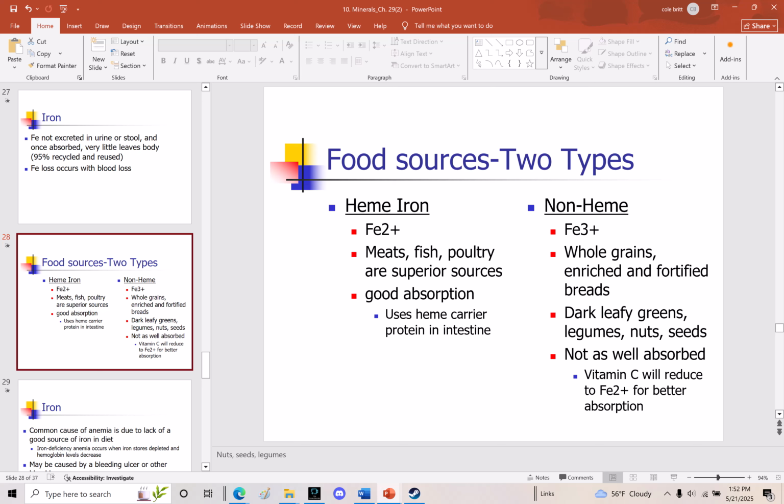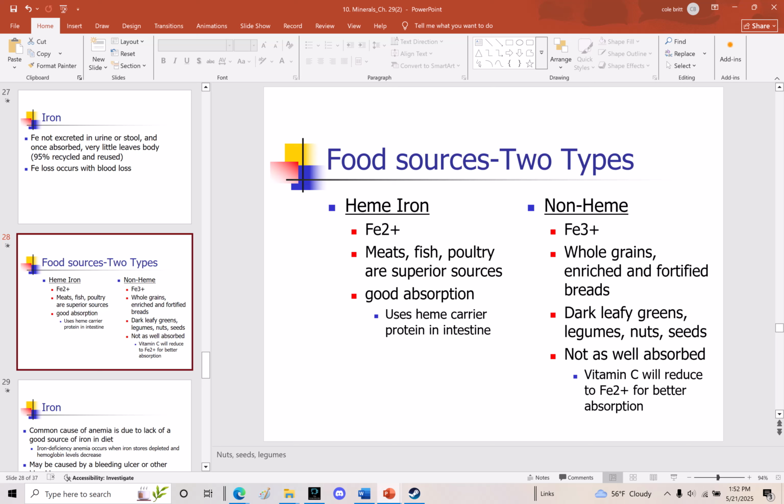Vitamin C will help absorb that non-heme iron. And you find it in a lot of variety of plant foods, dark leafy greens, nuts, seeds. So there's a lot of sources for it. It's just not well absorbed. There's a lot of competition. But heme iron is better absorbed, so this is just an easier source for iron if someone tends to have deficiencies.